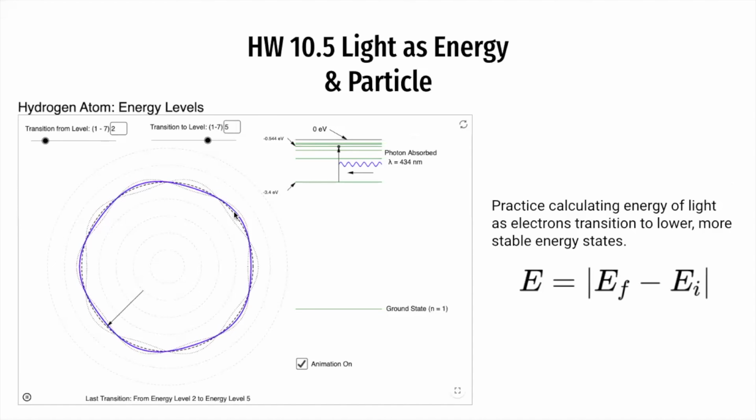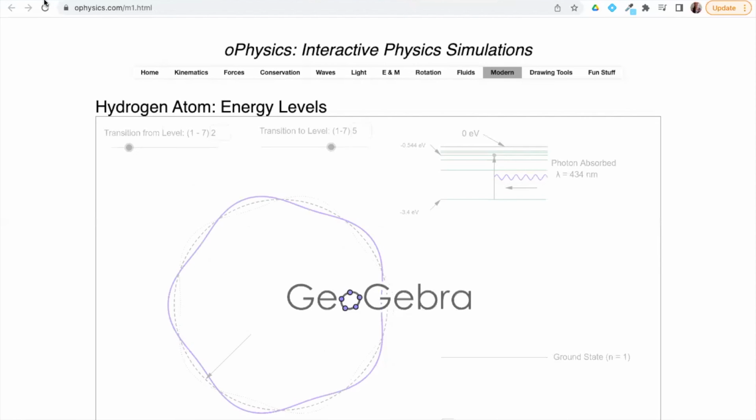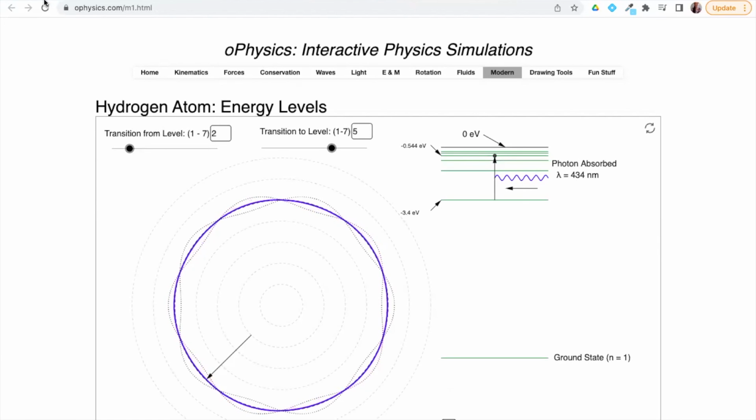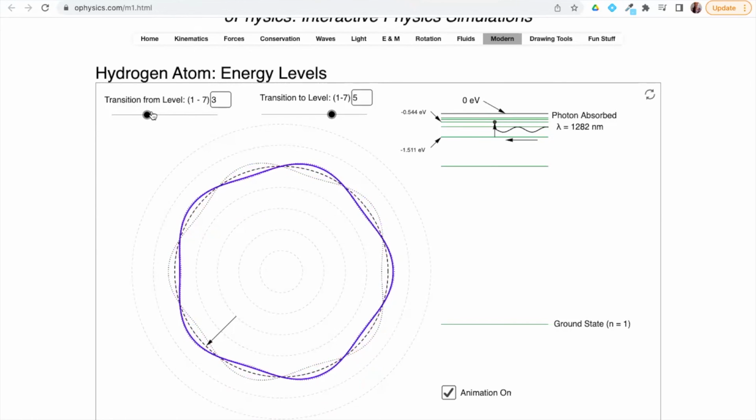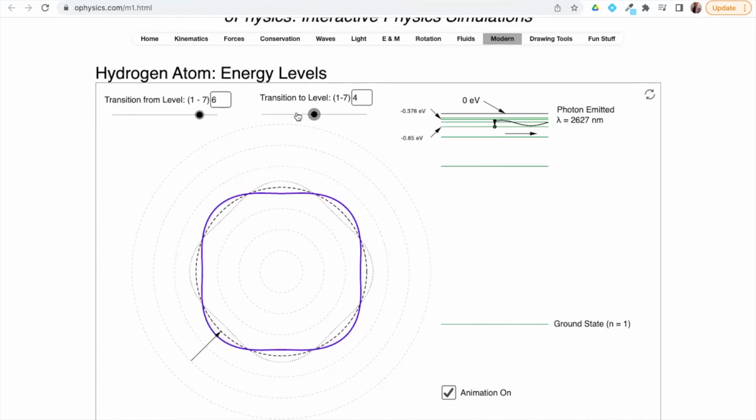From here, we're going to work on homework 10.5, or something similar, in which we're going to look at the hydrogen atom. In the physics simulation, I want you to calculate the energy from the different levels. So let's say we have an energy level that starts at energy level 6 and moves to energy level 2.